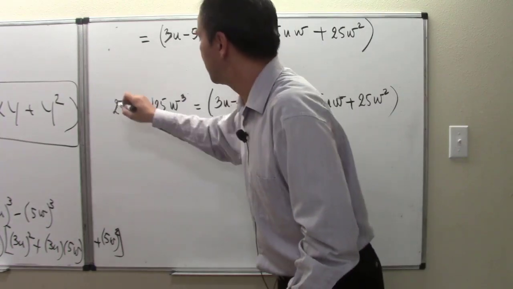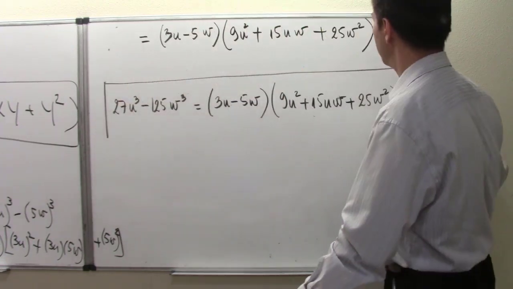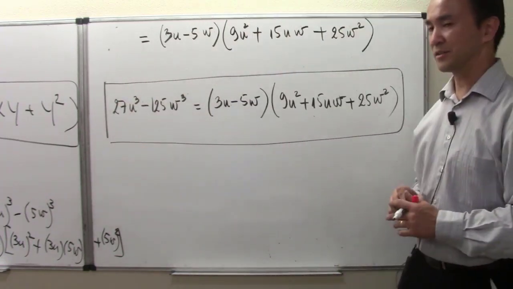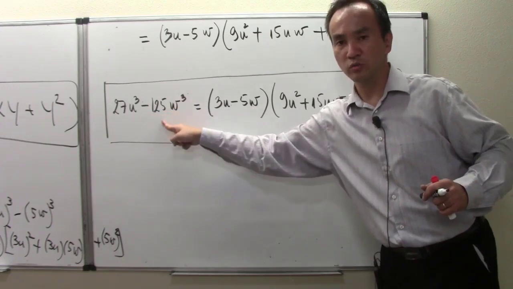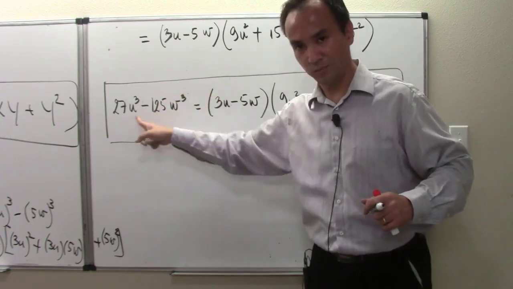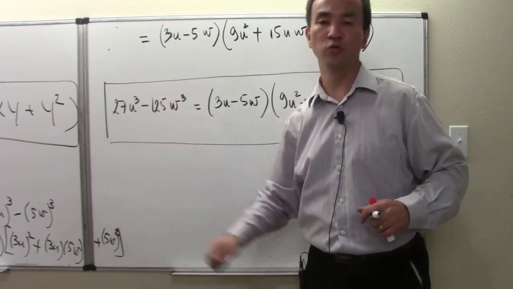And that's our final factor product of the difference of two cubes here. But what challenge for us was recognizing each of these as a perfect cube.